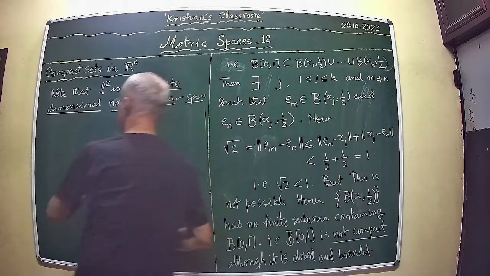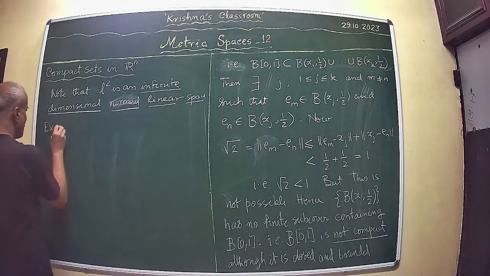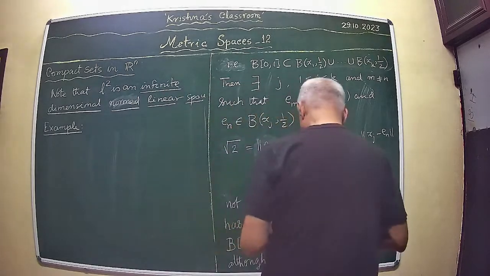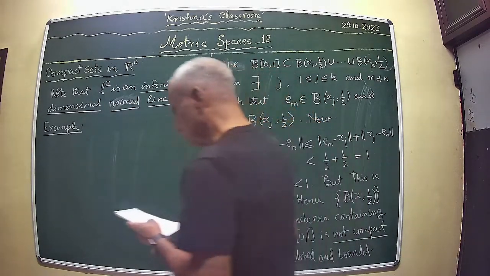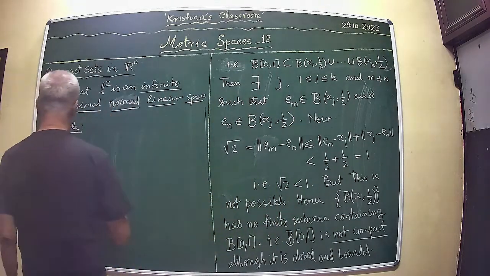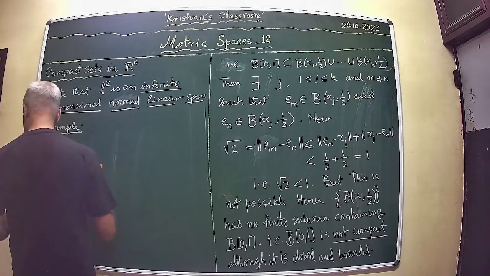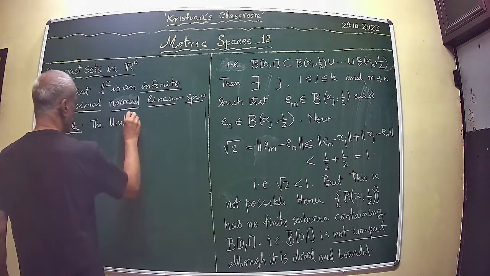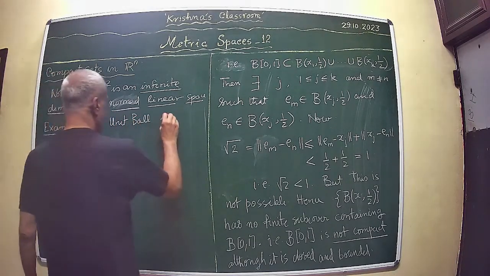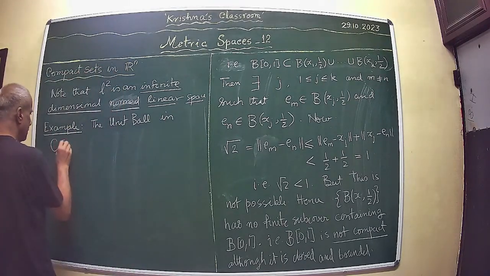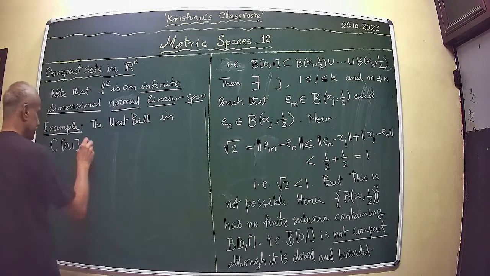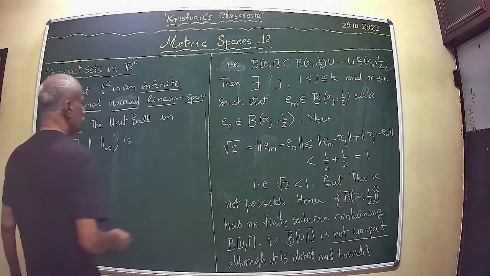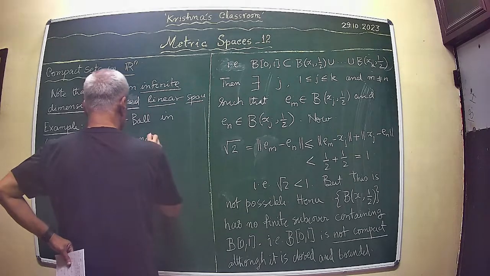So we give another example, which is again of the same class. The unit ball in C[0,1] is not compact.